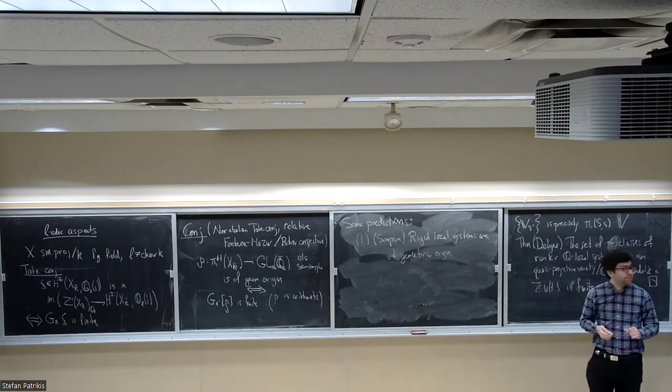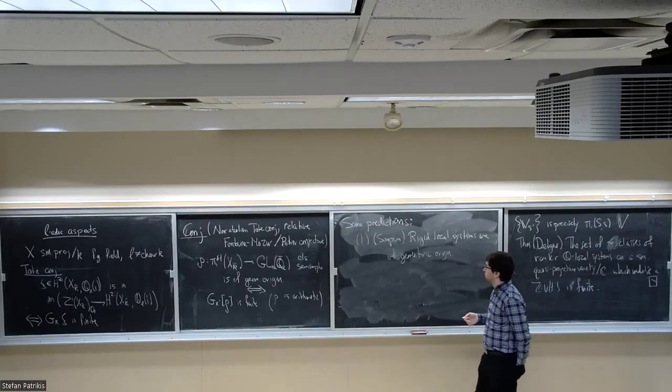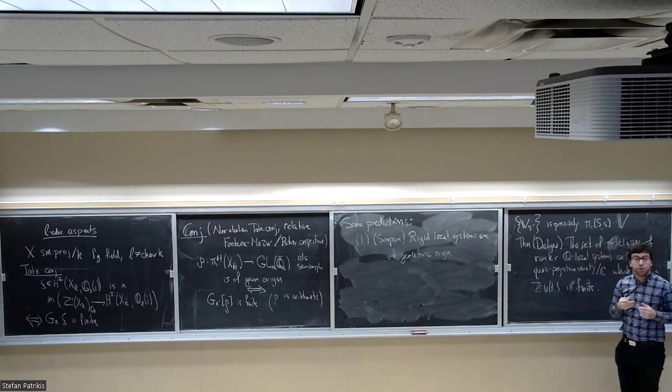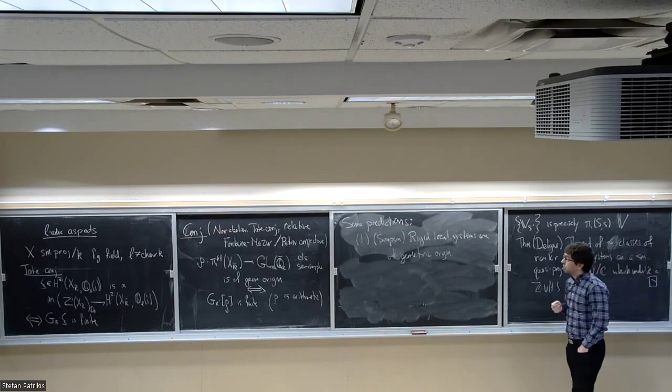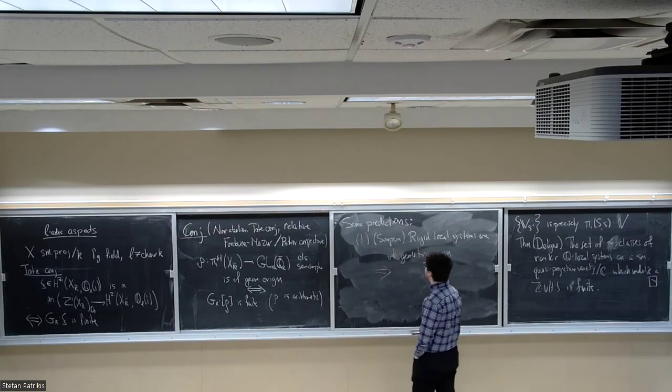And I think Jake explained that Simpson and in the quasi-projective case Mochizuki showed that at least we know you're a direct factor of a QVHS. So maybe let me just say what's left over.